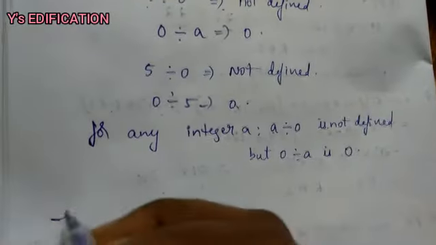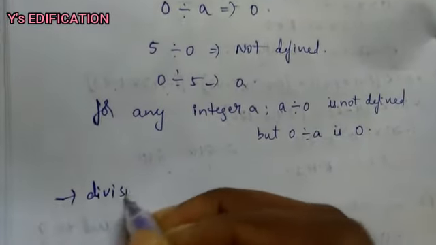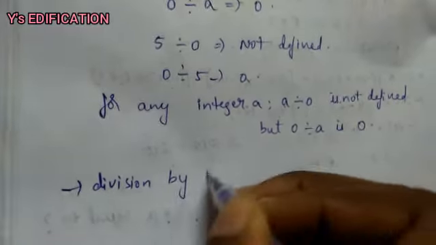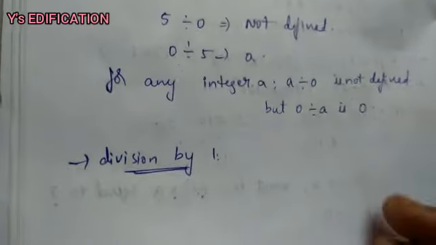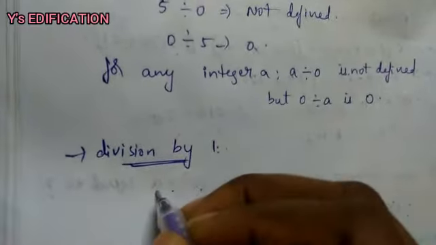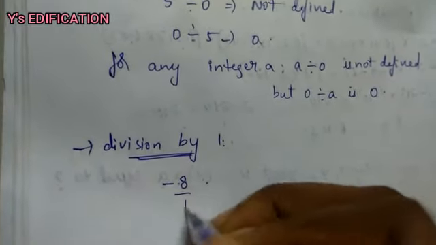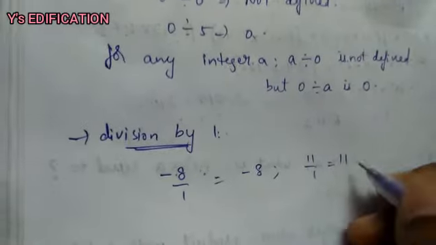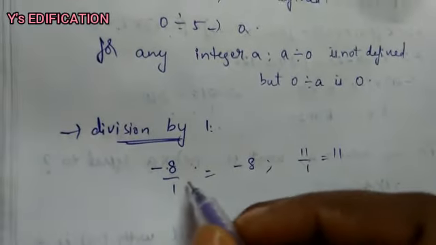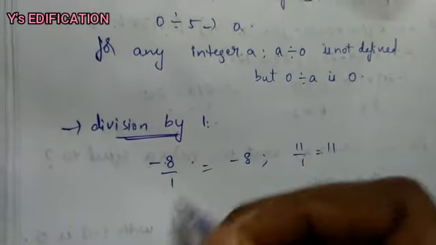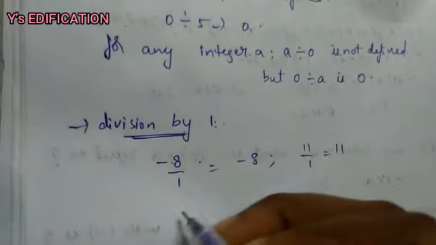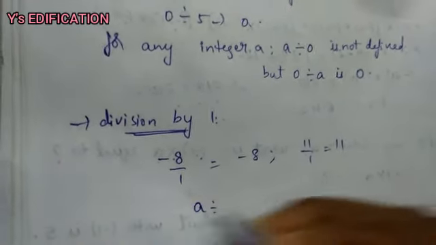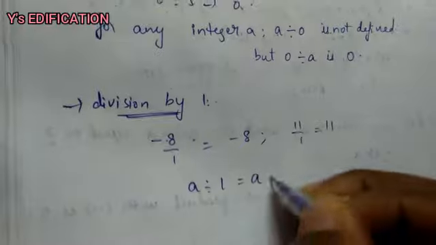And the next rule is division by 1. When we divide any number with 1, for example minus 8 by 1 is minus 8, 11 by 1 is 11. We can simply ignore the 1 in the denominator. So here we can say for any integer a, a by 1 is always a.